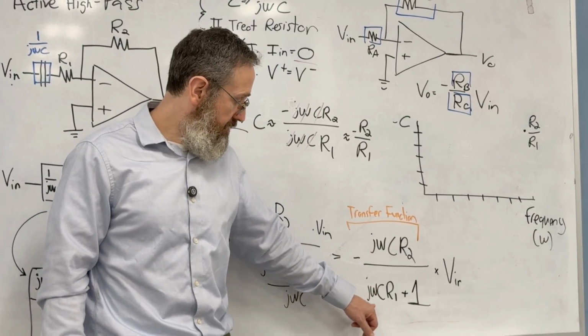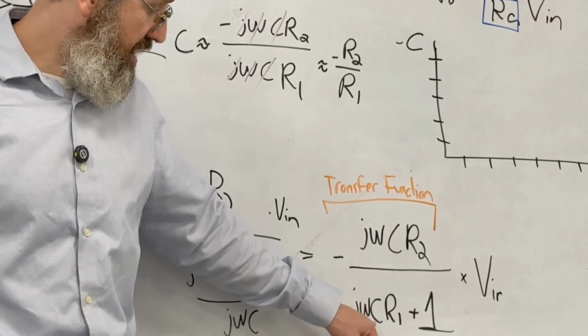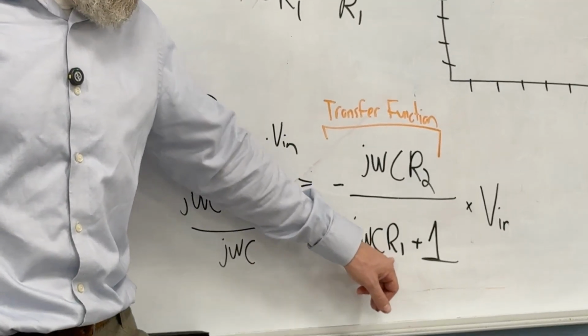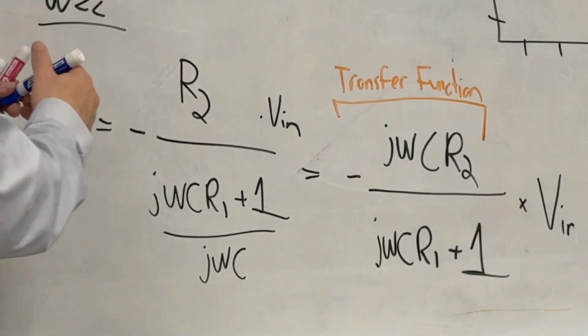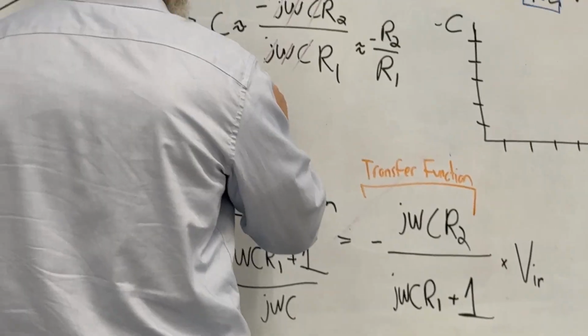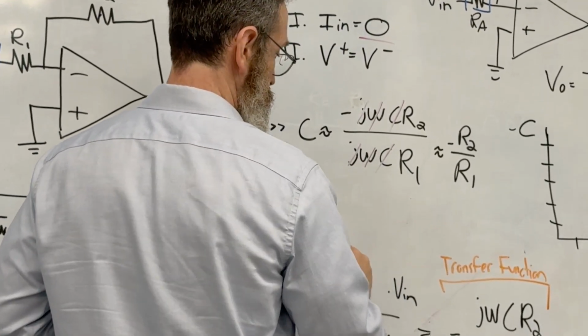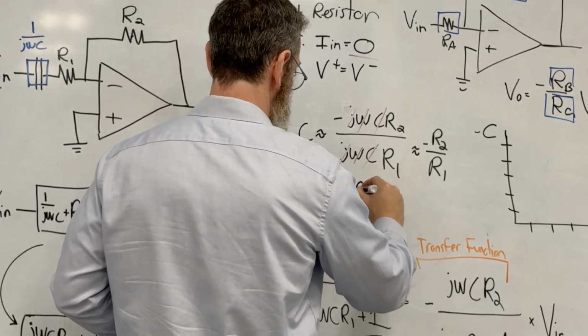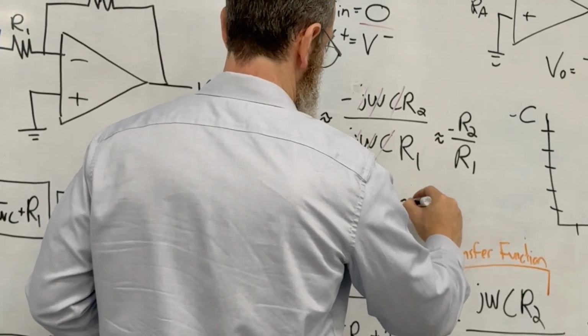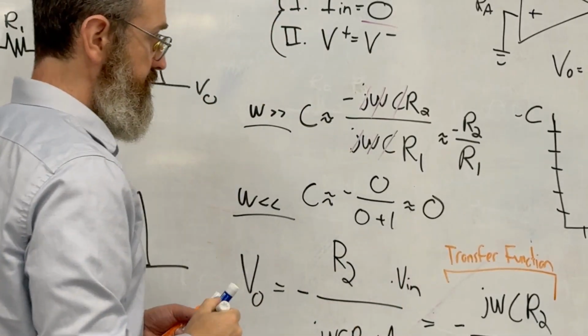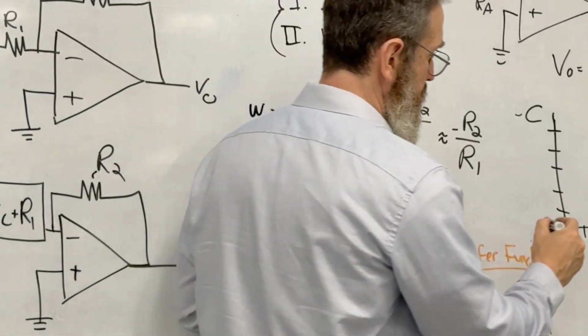And down here, what we're going to have is j times about 0 plus 1, right? So this reduces to, in this situation here, C is approximately equal to minus 0 over 0 plus 1, which is 0. And so that means that we are here.